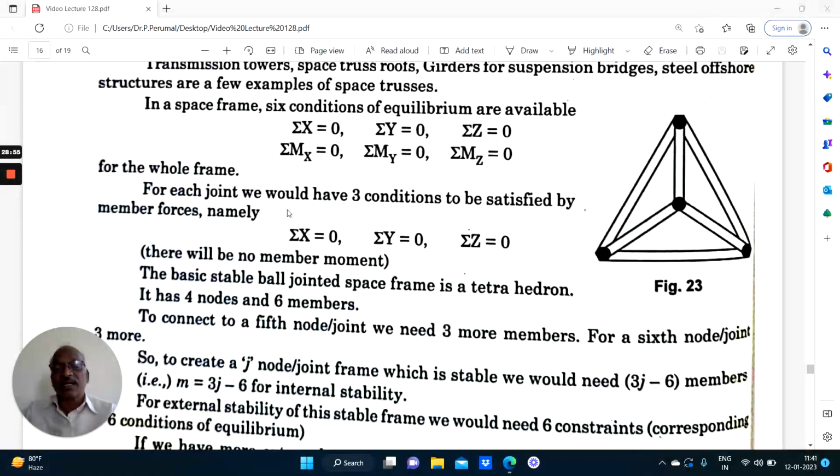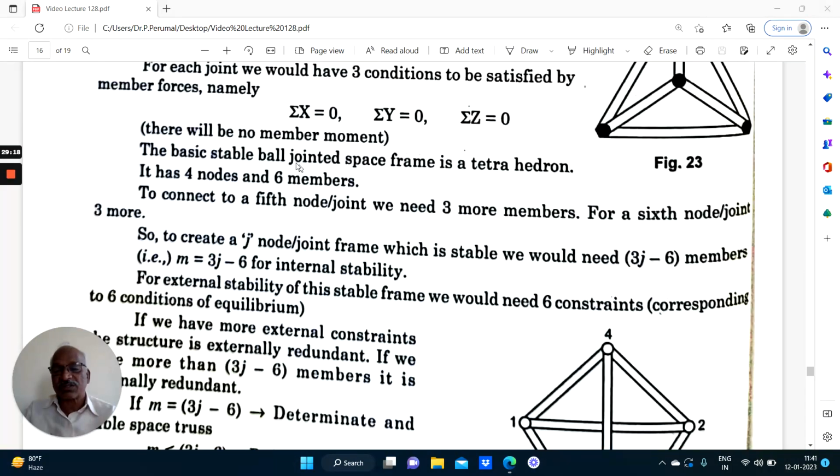Earlier we used sigma x equal to 0 and sigma y equal to 0, horizontal and vertical. Now you have to use sigma z equal to 0 also. We used only one moment, sigma mx, now sigma my and sigma mz. There are 6 equations of equilibrium in the case of space trusses. Therefore the formula here is I equal to m minus 3j minus 6.